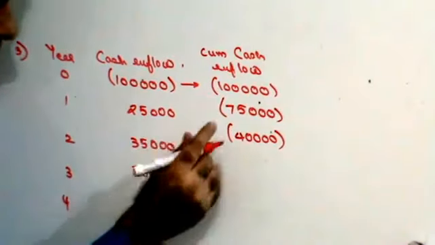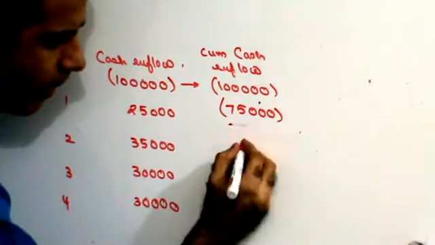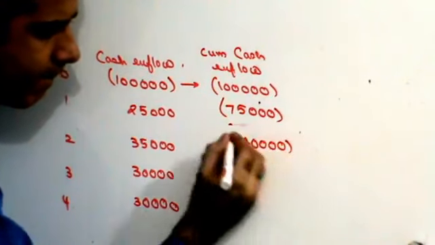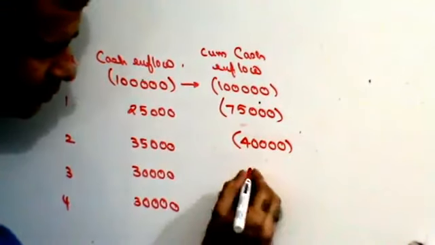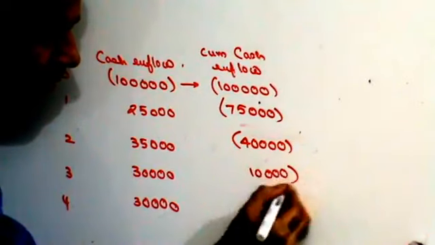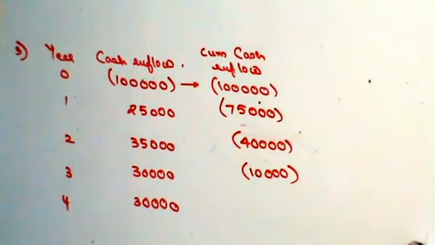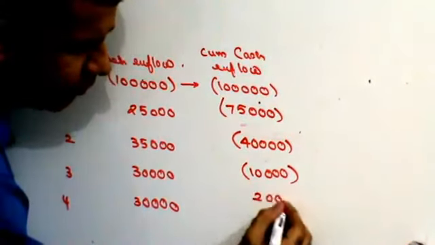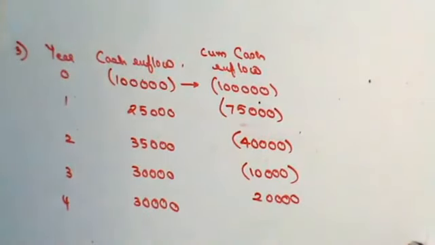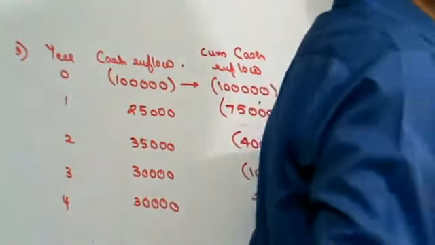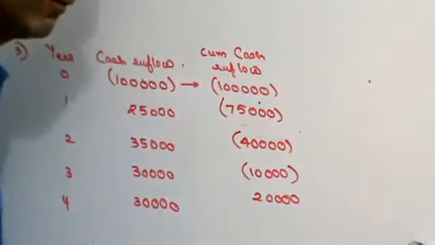Right? 40,000 negative plus 30,000 is 10,000 negative. 10,000 negative plus 30,000 is 20,000 positive. Right? As soon as you get your positive figure, you stop calculating your cumulative cash inflow.